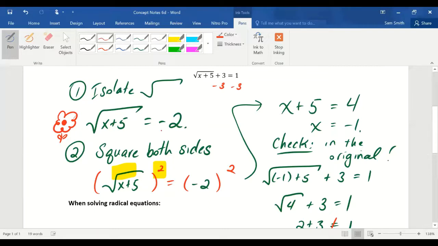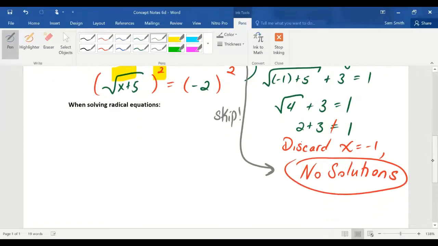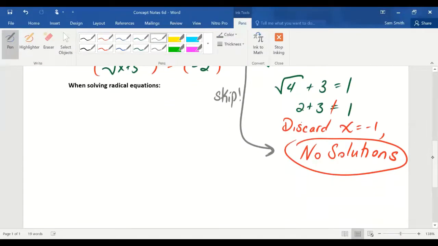The square root cannot produce negative numbers. So based on that observation, it's possible to detect all the way back here that there are not going to be any solutions to this equation, because it's not possible for a square root to yield a negative number. So you can skip all this other work. If you remember the definition of square root, you can say, hey, this is impossible. There are no solutions to this equation.